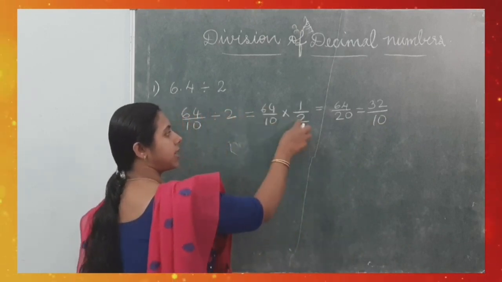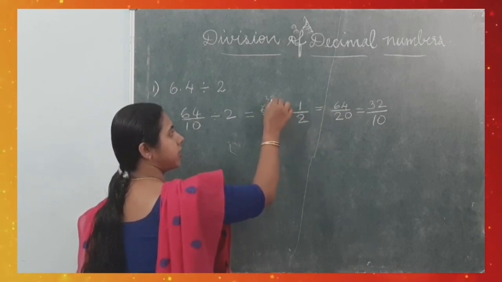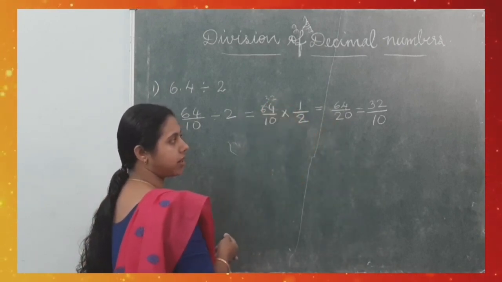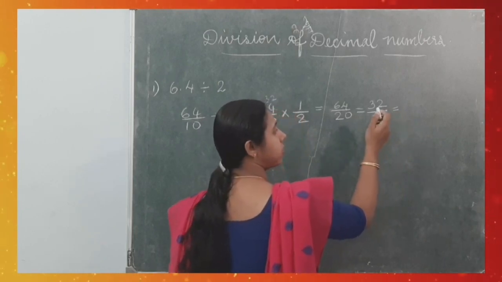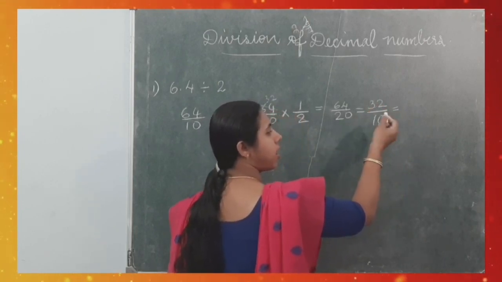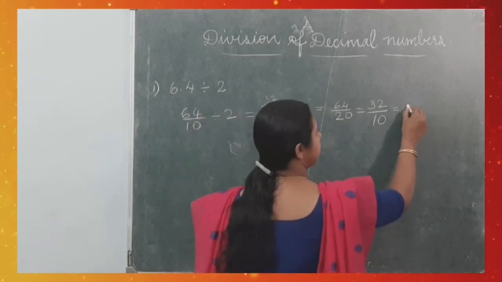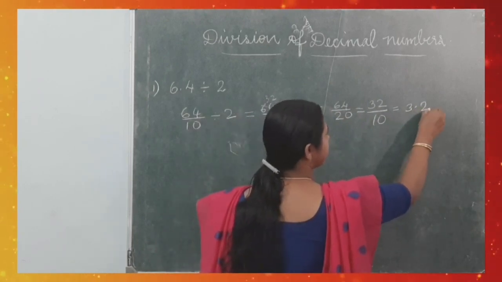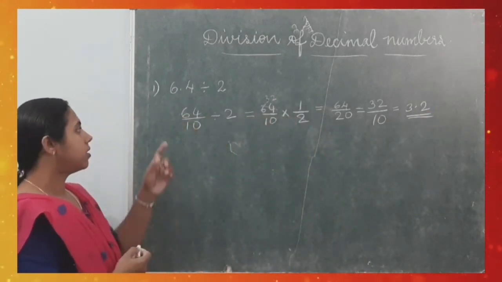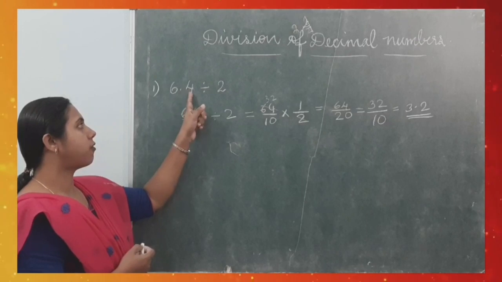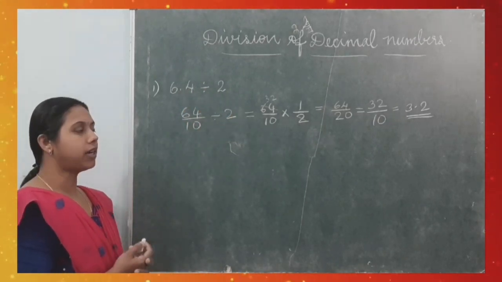Or you can use the cutting method here. 64 divided by 2 is 32. Now you will get 32 by 10. That is dividing by 10, so the decimal point will move one place to the left. So it will be 3.2. So 6.4 divided by 2 is equal to 3.2.